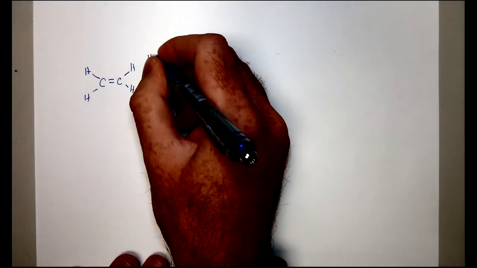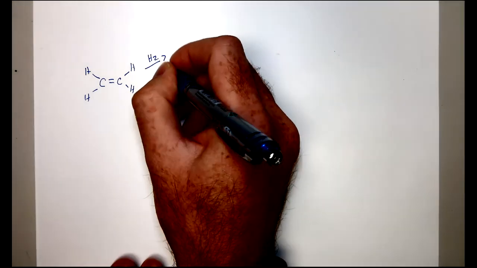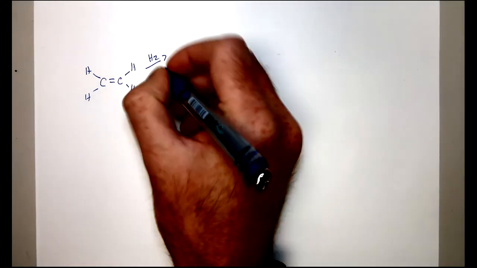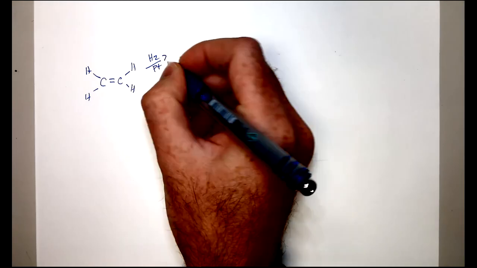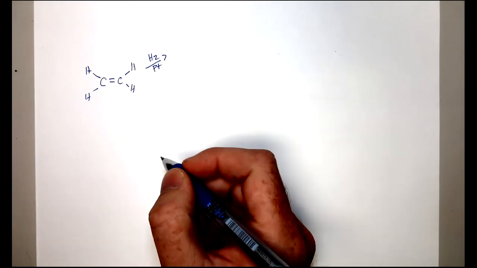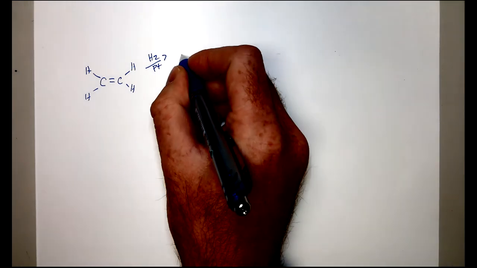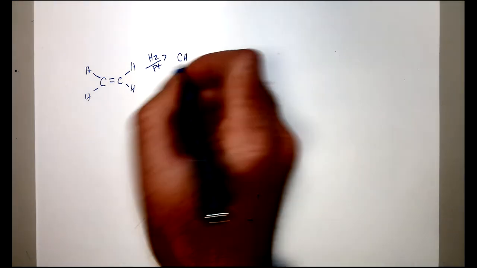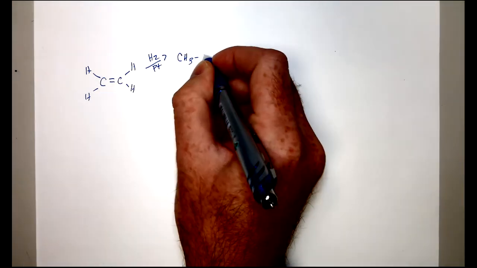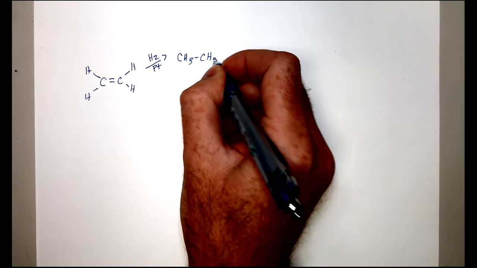So we're going to add H2 first. Now if you add hydrogen, usually with a, we'll say platinum catalyst, usually what'll happen is you just get the alkane. You eliminate the double bond and you would just end up with ethane.